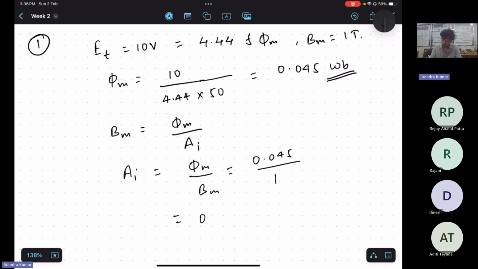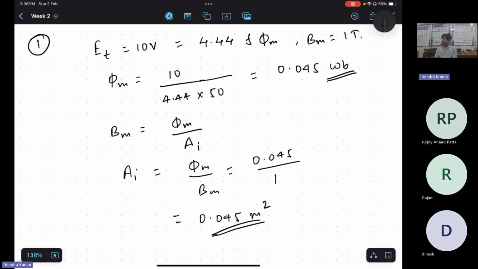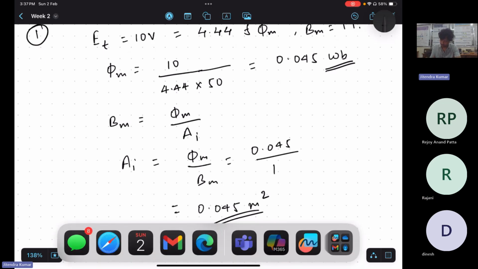So you get 0.045 meters square. That much is the area of core. Any doubt in this part? It's clear, sir. Let's move on to the next part.